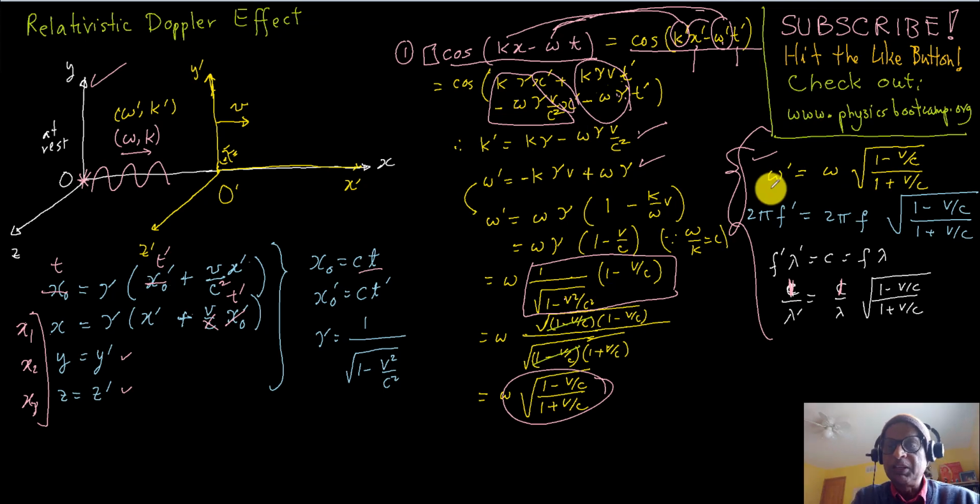And angular frequency omega is going to be 2 pi times the regular frequency in any frame, right? That's how all of this can be worked out. So now we know these are the working relations, and we can just use them to solve the problems that I presented earlier.